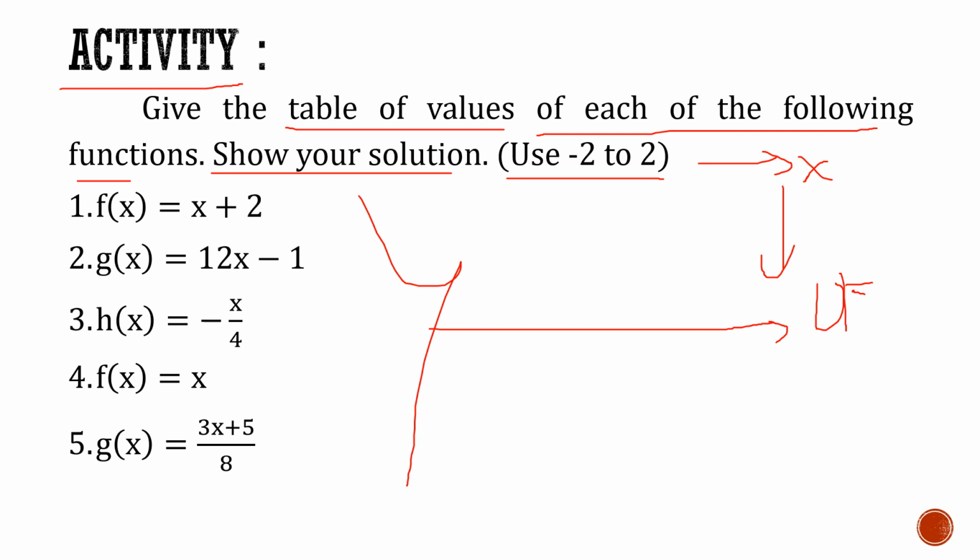So what you need to do is to substitute negative 2 to 2 for you to get the value of y, then swapping or switching of x and y values for you to get the coordinates of the point that will represent your line that will represent again your inverse function. So that will be your task for this module 13 under your general mathematics.